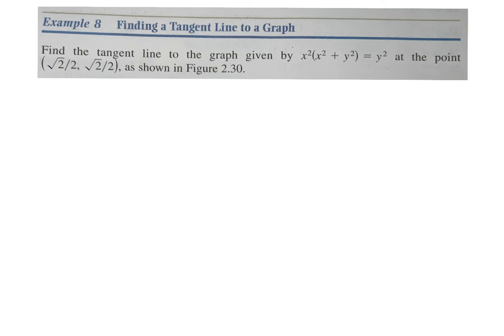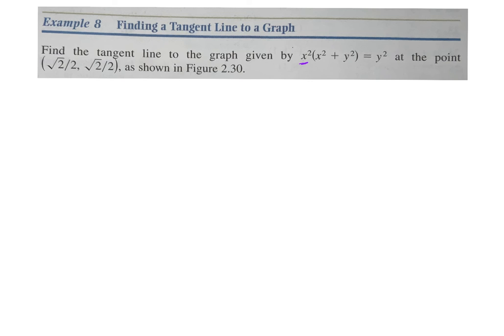All right, find the tangent line to the graph. If you're trying to find the tangent line to the graph, then you have to find the derivative and then plug it in to get your slope, and then use y equals mx plus b, right? We have to get our slope intercept.